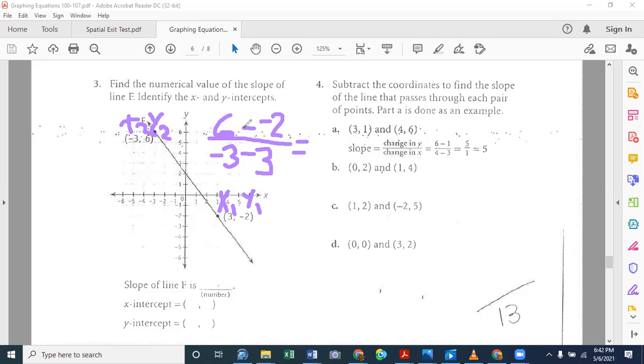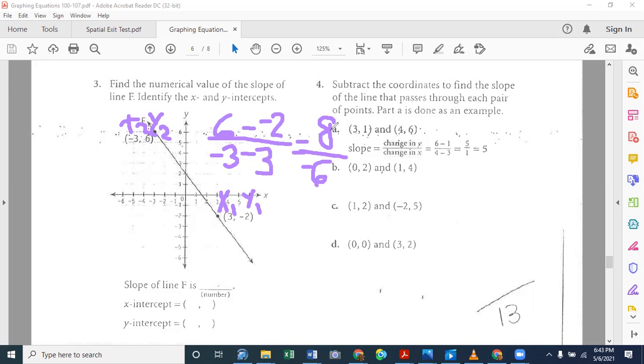So what is 6 minus -2? Well, that's really 8, isn't it? It's like adding. The two negatives cancel each other out. -3 minus 3 is the same as -3 plus -3, which is -6.